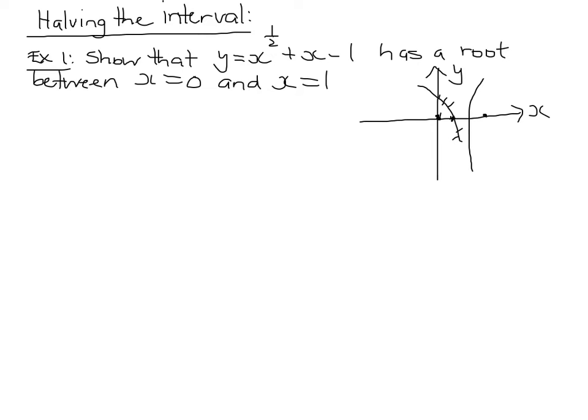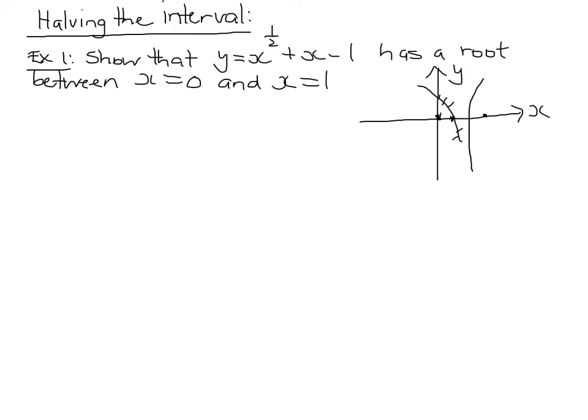And so this is what the halving the interval method, which is the first method we're doing, rests upon. What we want to show and how we show it is that before the root there's one sign, and after the root there's another sign. One's positive, one's negative.